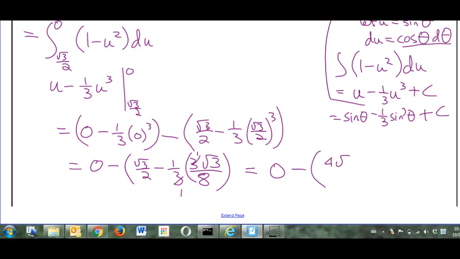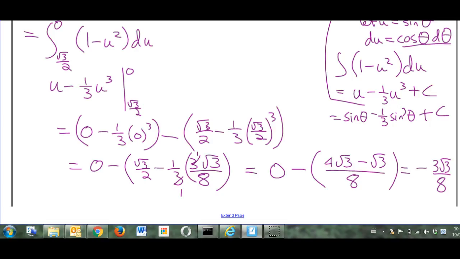So this will be 4 root 3 minus root 3 all over 8. Right? So I got to put that over 8, so it'll be 4 root 3 over 8 minus, these guys cancel, I got 1 root 3 over 8, which is negative 3 root 3 over 8. Okay, so that's what that one's going to be about. So that's the definite integral.